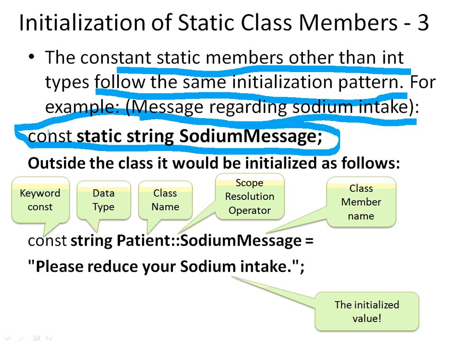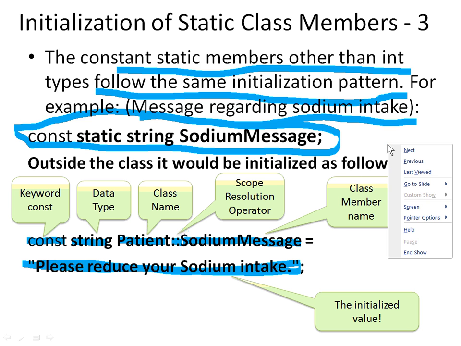And the reason I declared it const is because it will not change with time. It's not int type, so I cannot provide a value here. So outside the class, it would be initialized as follows. The keyword const, data type, class name, scope resolution operator, variable name, assignment operator, and now the initialized value of the variable called sodium message: Please reduce your sodium intake.